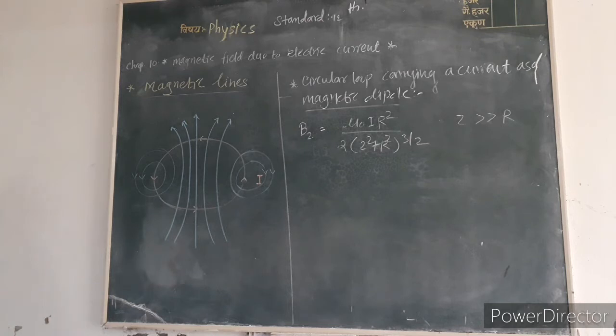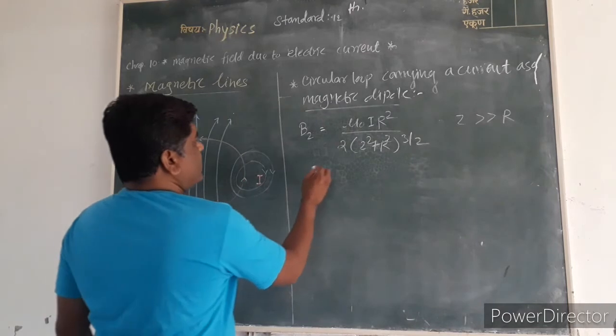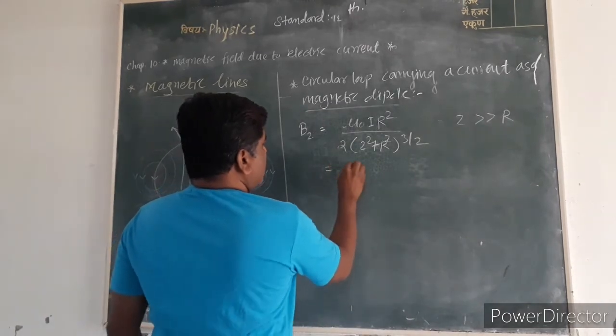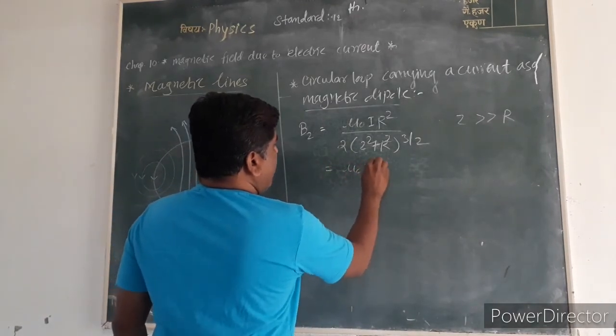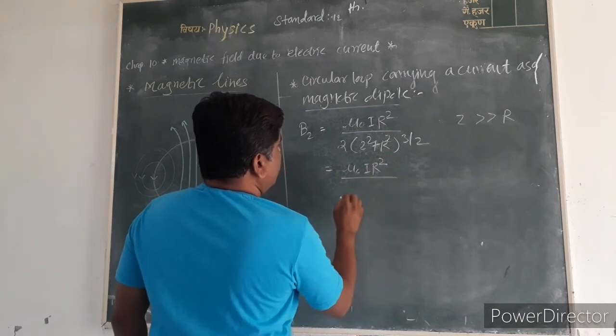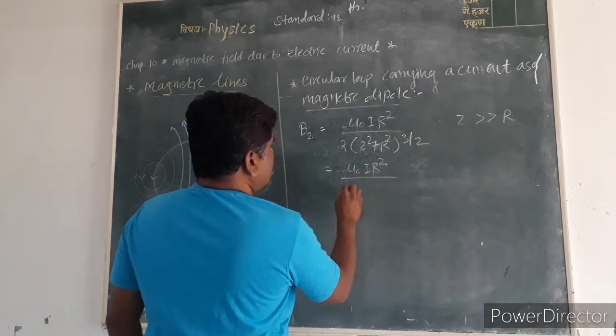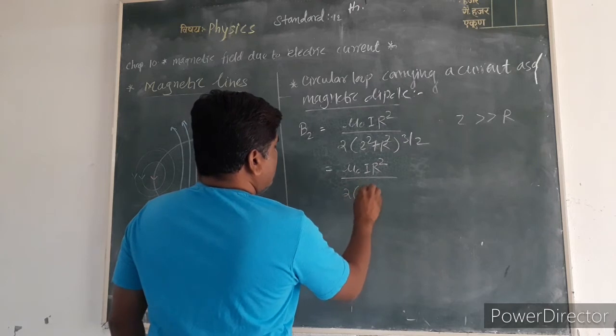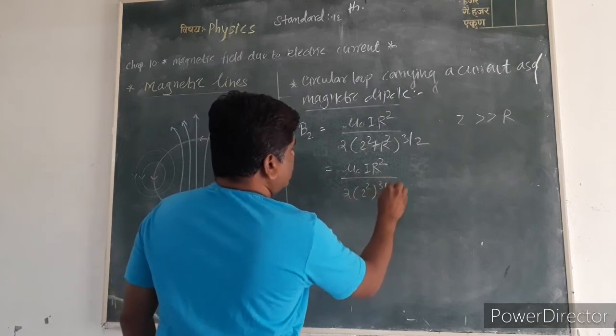Then what do we get? Bz is equal to mu 0 I r square divided by 2 z square raised to 3/2.